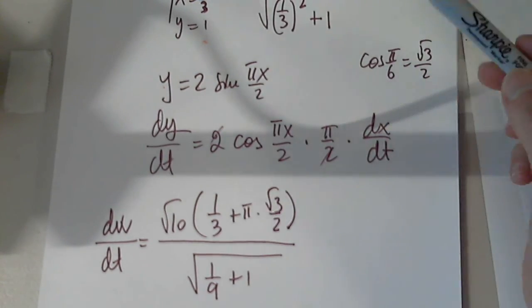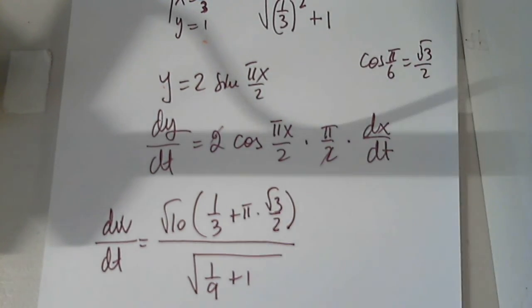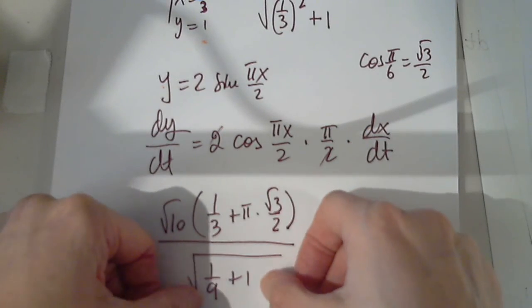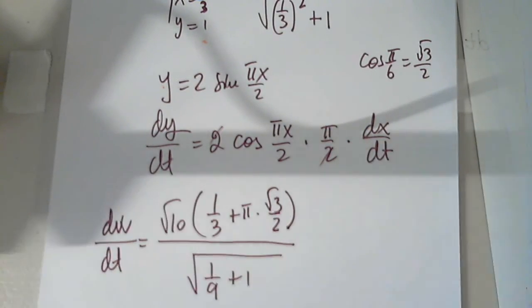So the 1/3 is there, pi is there, the square root of 3, and the square root of 10 is outside. Calculator, be very careful. We need parentheses around the numerator. I will also put parentheses around inside the radicand.